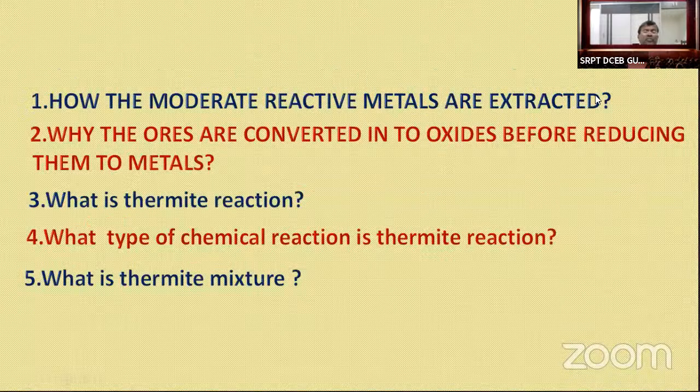Okay, so far we have learned about the thermite reaction, and also before that, the extraction of the moderately reactive metals from the ores. Different reducing agents are used in the chemical reaction, displacement or thermite reaction. We have extracted the moderately reactive metals from the ores.